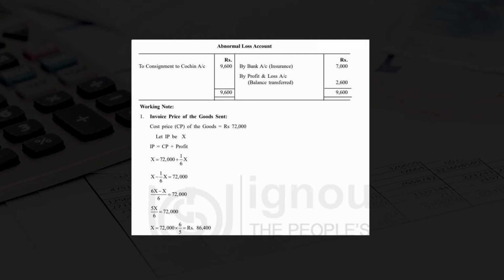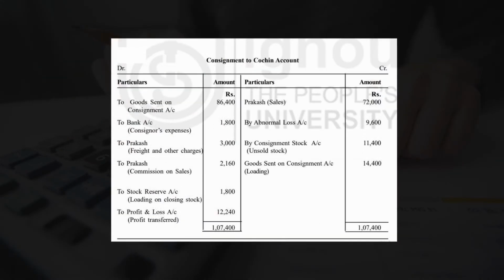Here invoice price we have assumed X, cost price is 72,000, plus profit is 1/6 of invoice price, so 1/6 of X. So X minus 1/6 X is equal to 72,000. Taking the LCM, 6X minus X by 6 is equal to 72,000. So 5X upon 6 is equal to 72,000 and X is equal to 86,400. So this is the invoice price, 86,400. To goods sent on consignment, 86,400.